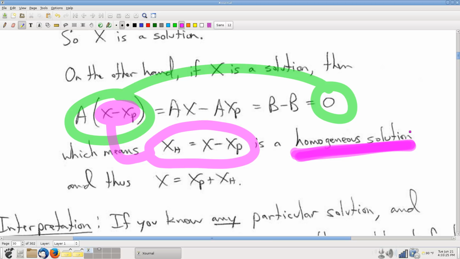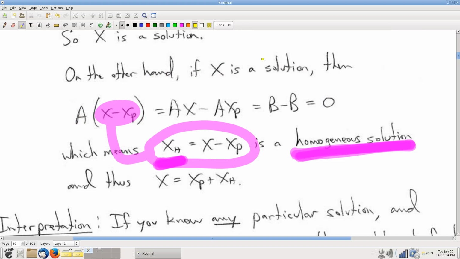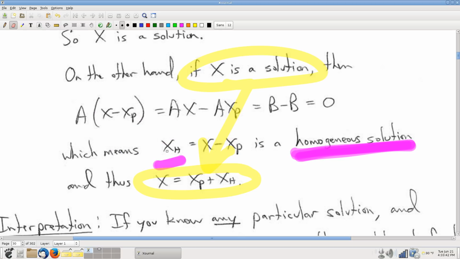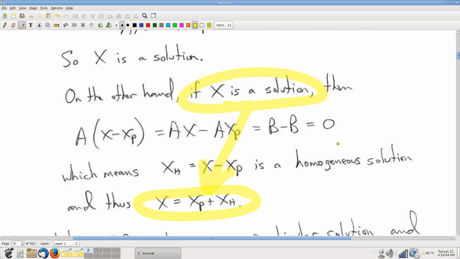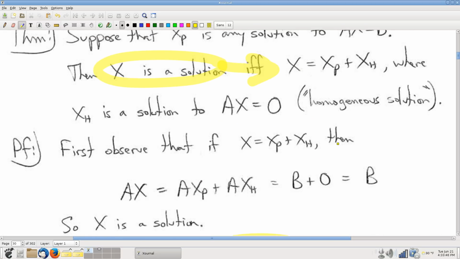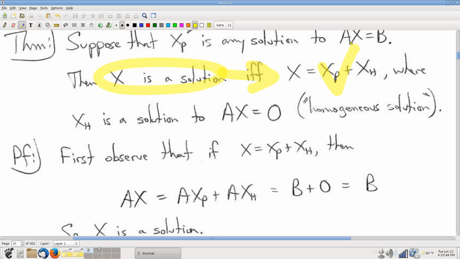So I'm going to choose to call that xh, and then as required, I started off by assuming that I had a solution x, and I have now shown that x is xp plus xh. Okay, so as desired, I've shown that.